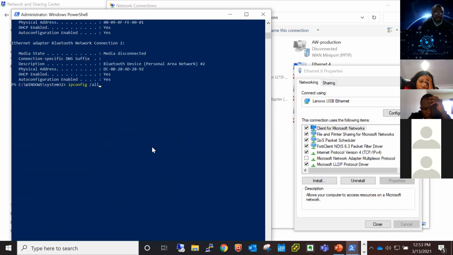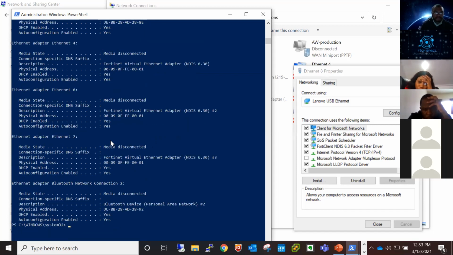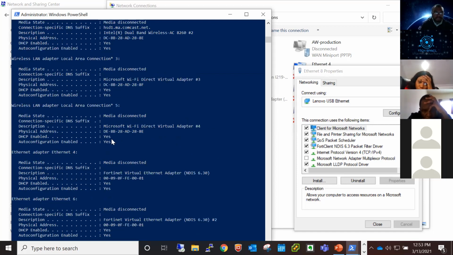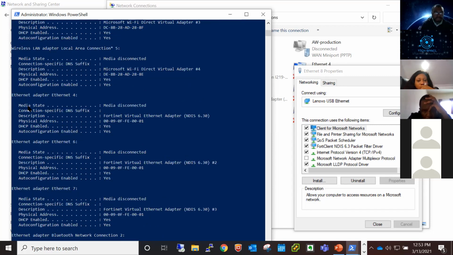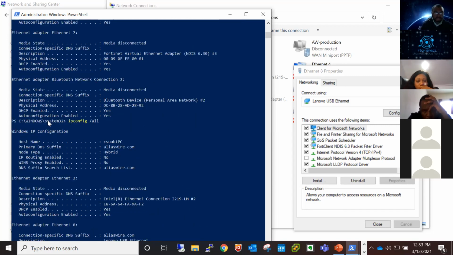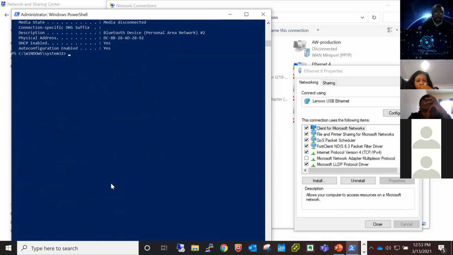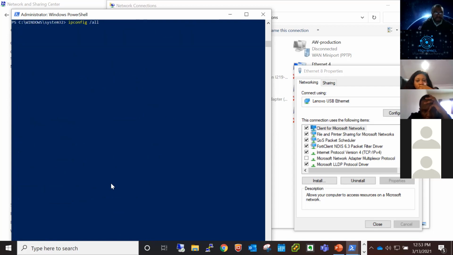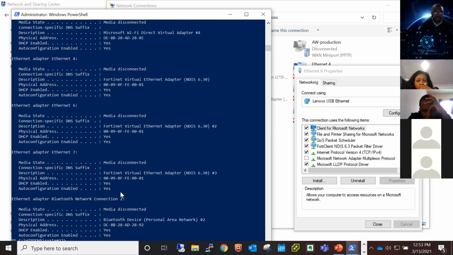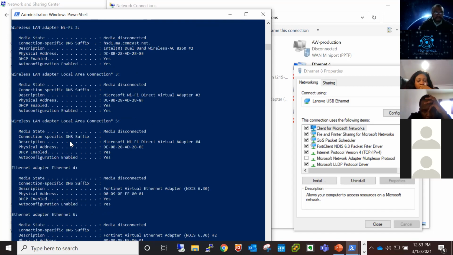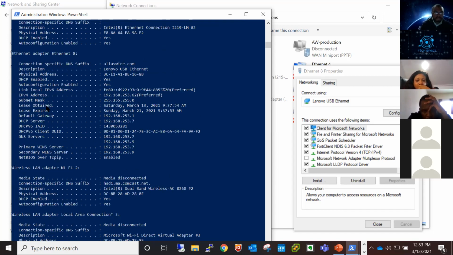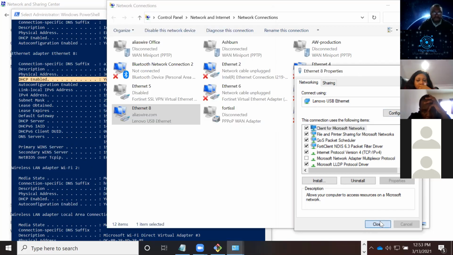So let me go ahead and run this again. Guys, remember it was Ethernet 8. So let's look for that particular adapter. Where is it? Let me first clear this screen. All right, it still says DHCP enabled. Do you guys know why?